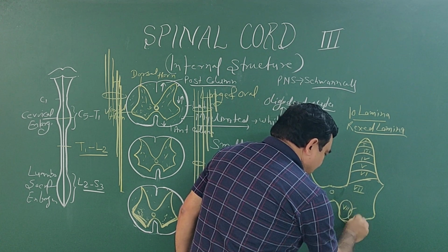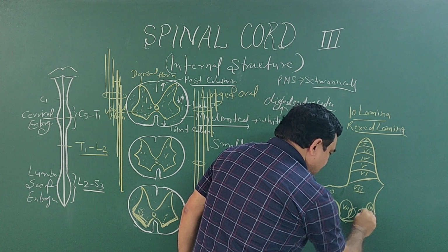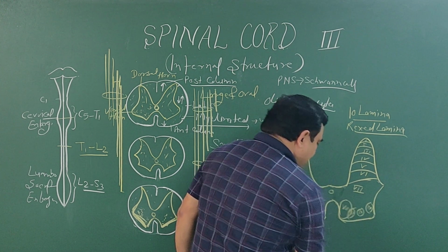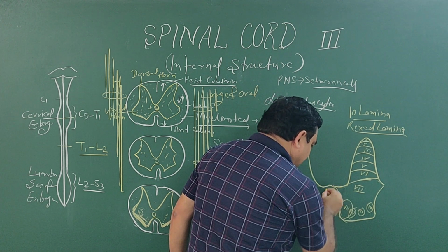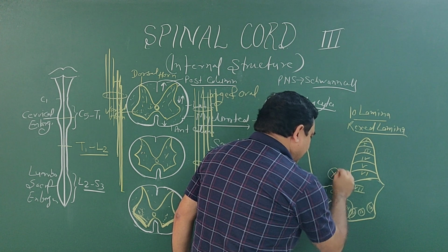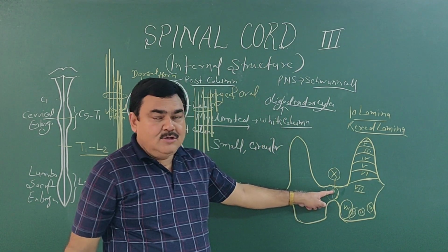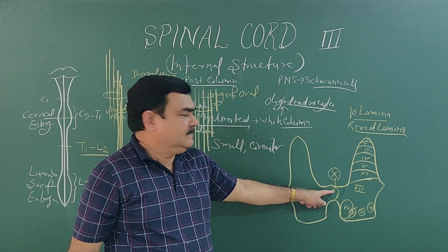There is the ninth lamina, and here is the 10th lamina, around the central canal.